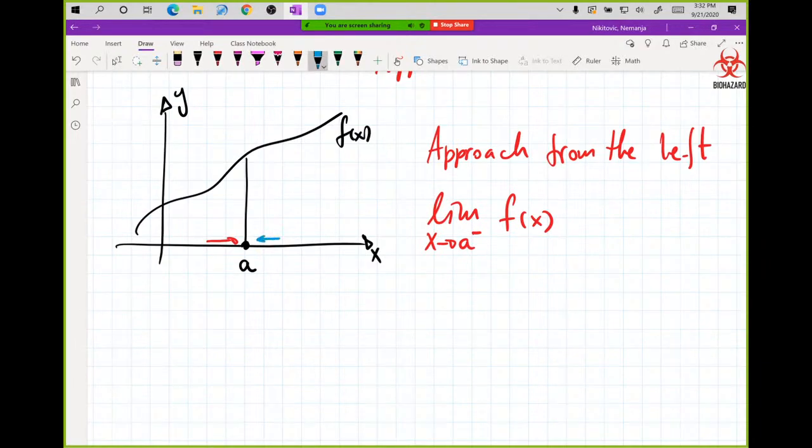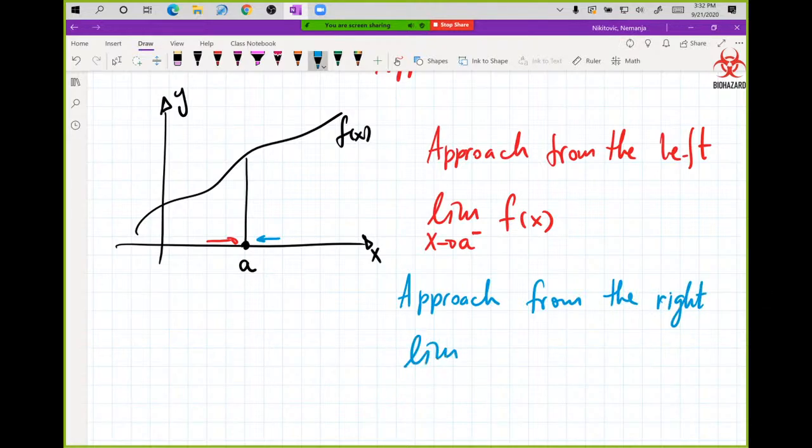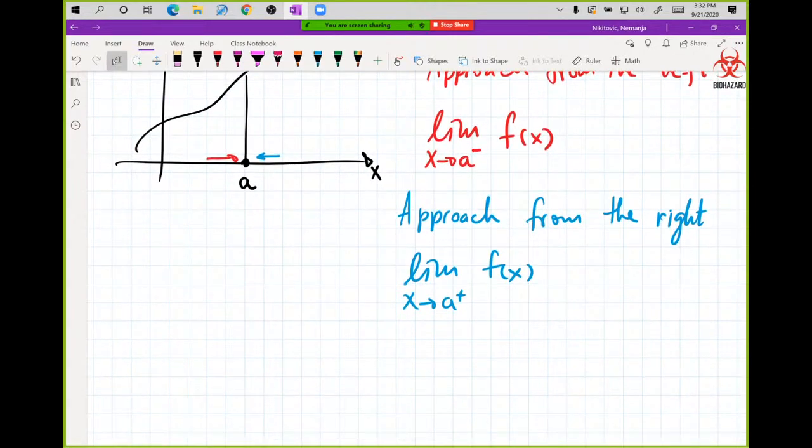Then we have the approach from the right, and that's going to be the limit of f of x as x approaches a plus. That's the only difference, this little minus and plus in the notation, and that tells you which one. Now, those two combine into the overall limit, and we have a theorem for it.